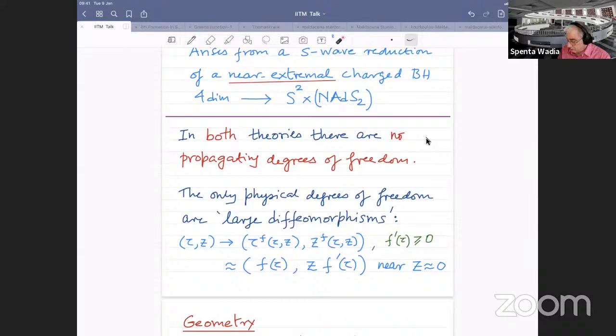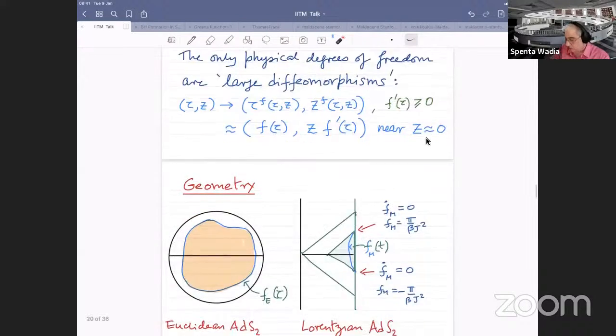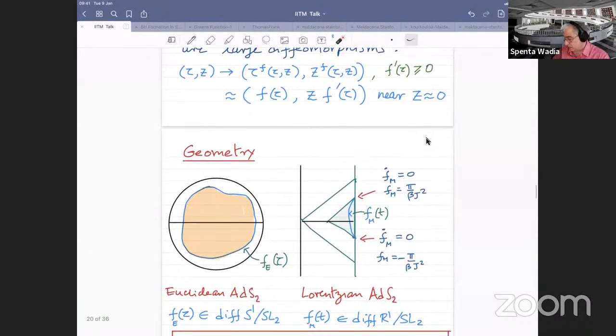If you work out, with a little calculation, what this diffeomorphism looks like near the boundary of AdS2, it has this very important form. The time essentially becomes f, as we expect, but very importantly, this z coordinate is proportional to the derivative of f. Now, what is the consequence of this? This has a very profound consequence, actually. It's the following.